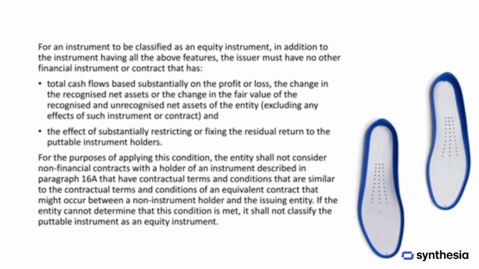When applying this condition, the entity should ignore non-financial contracts with holders of the puttable instrument that have similar terms to contracts that could exist with parties who do not hold the instrument. If the entity cannot confirm that this condition is met, the puttable instrument cannot be classified as an equity instrument.